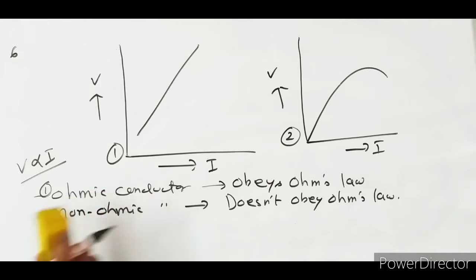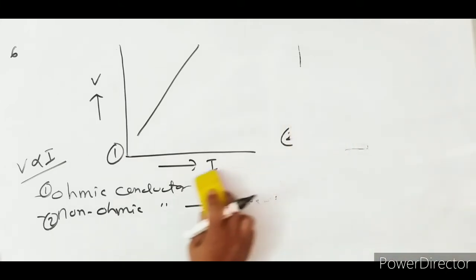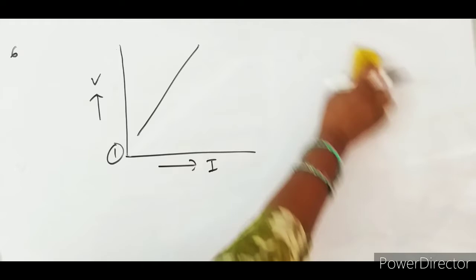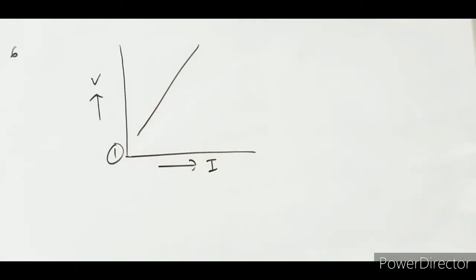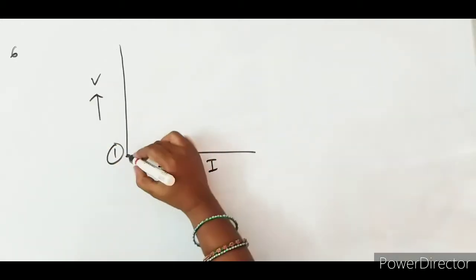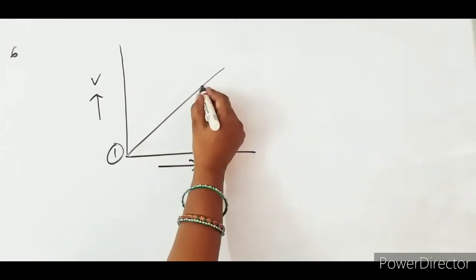What is the slope of the ohmic conductor graph? Let us go for this ohmic conductor only. In the case of an ohmic conductor, it obeys Ohm's law, which we have discussed. Now let us take a point from here.